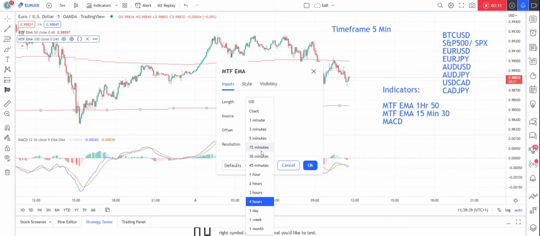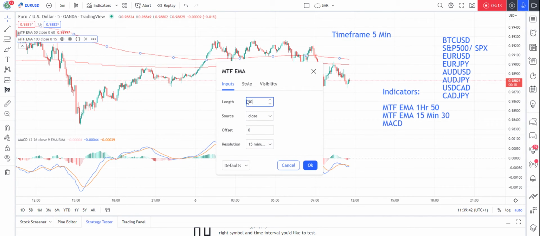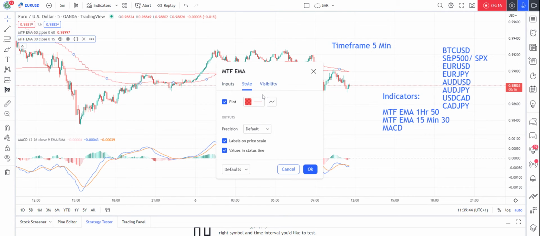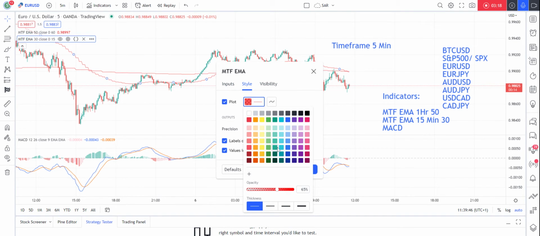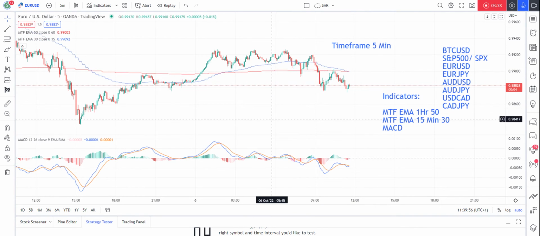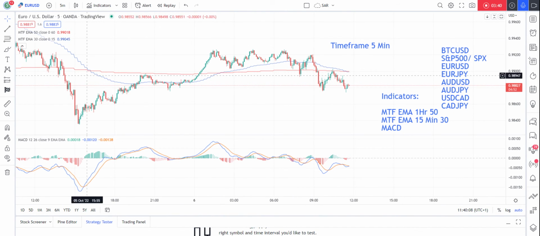It is 15 minutes, and 30 in length. Let's put the style in, and do a darker blue. Okay, so from the beginning we can see exactly that one is a faster one that is more adjustable to the time frame, to the movement, and the other one is more of a higher average.